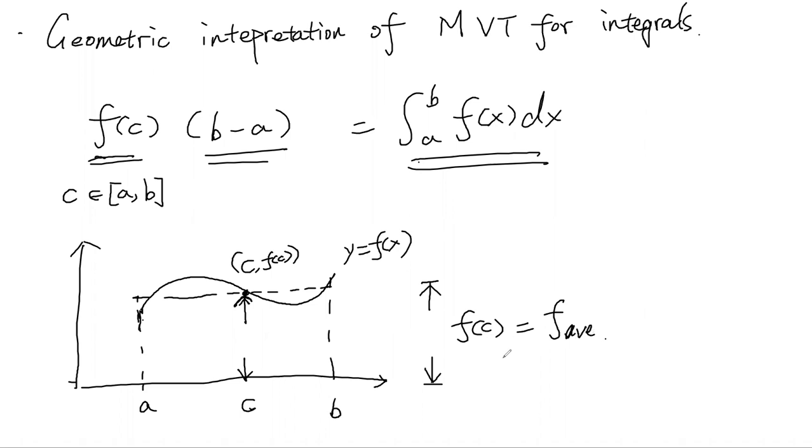Sometimes, in practice, you can only measure the average, not the instantaneous value of the function. Sometimes you will use the average to estimate the integral. But we are not going to do that in this class.